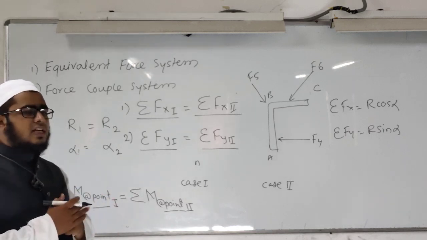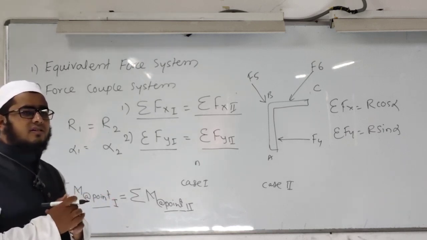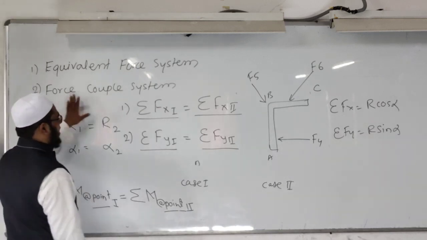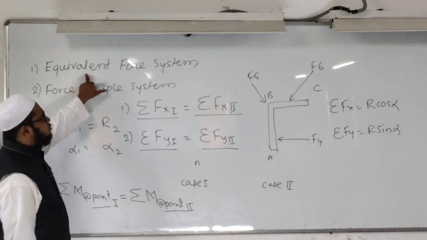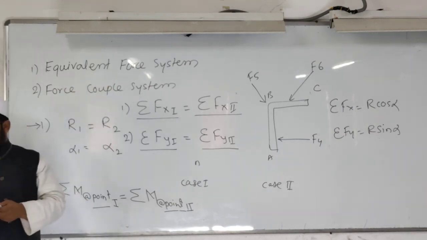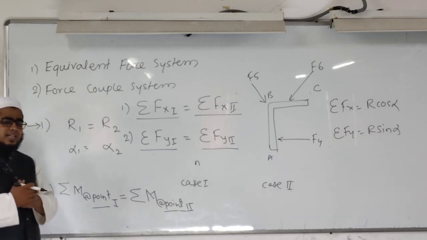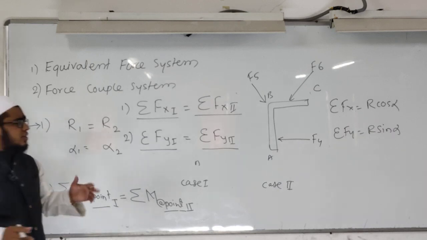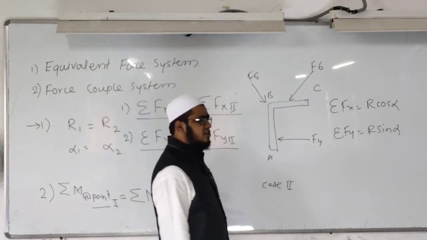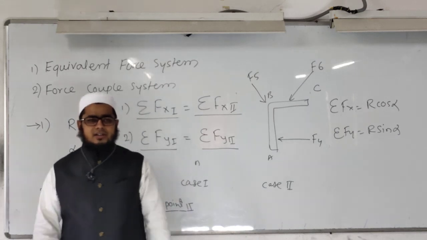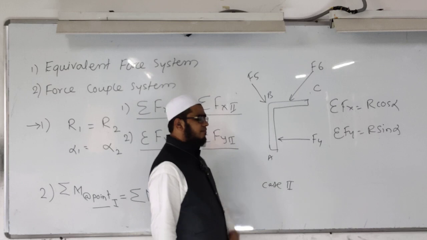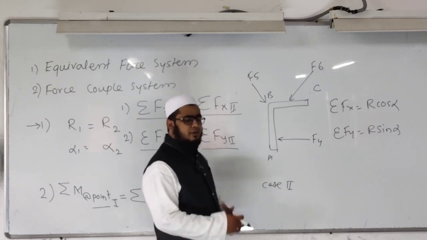These are the three conditions. Whenever these three conditions exist between two force systems, those force systems are said to be equivalent to each other. Equivalent force system. Then how to determine the equivalent force system? If some force system is given, for example this force system ABC, and in the statement they have asked to determine the equivalent force system consisting of a single force about point A, then what will we do?